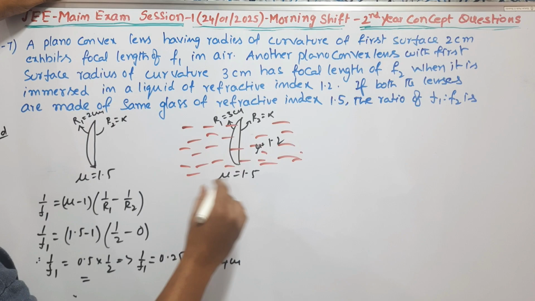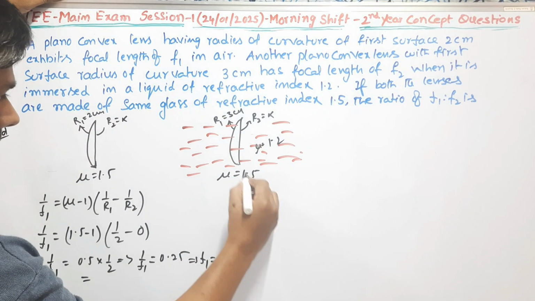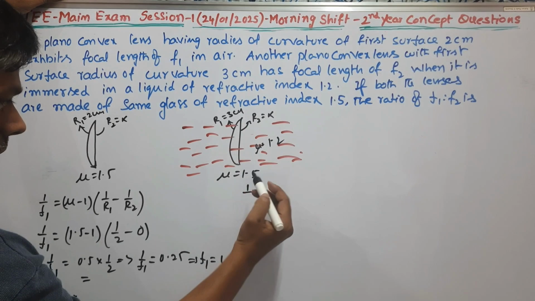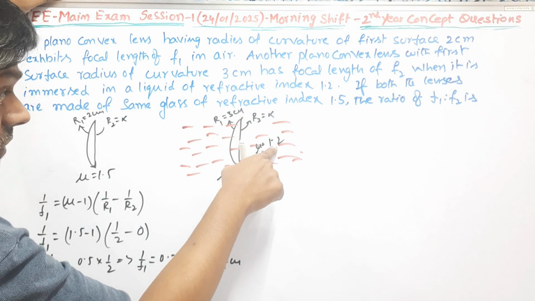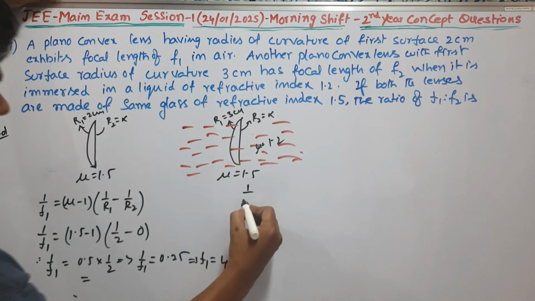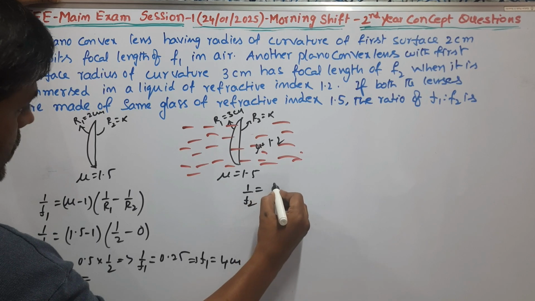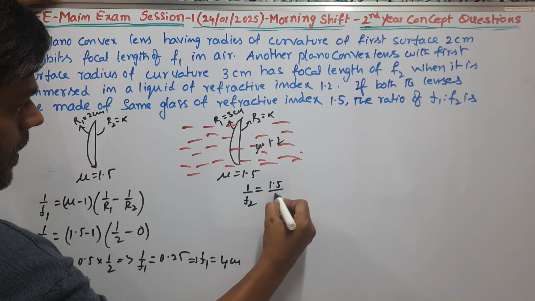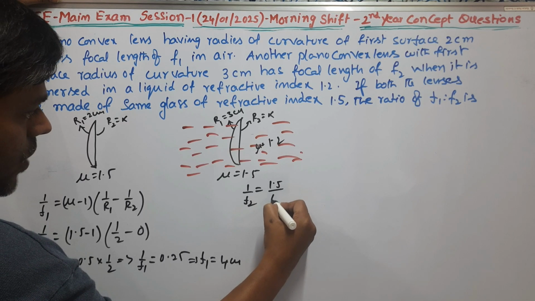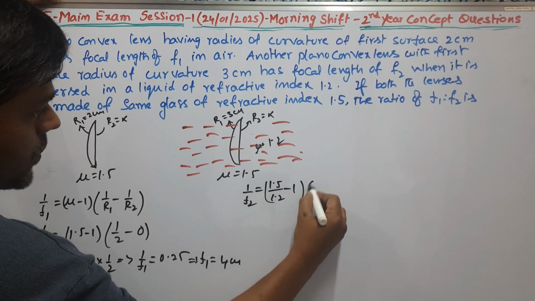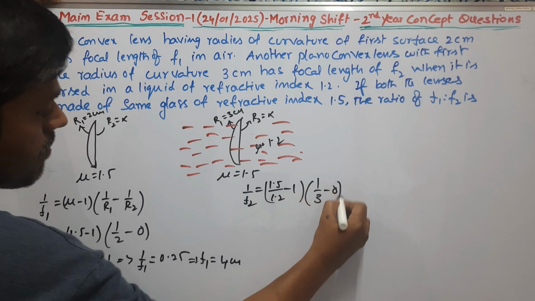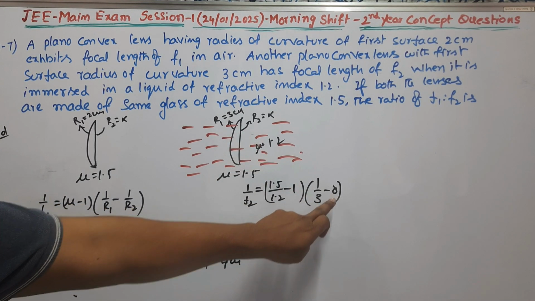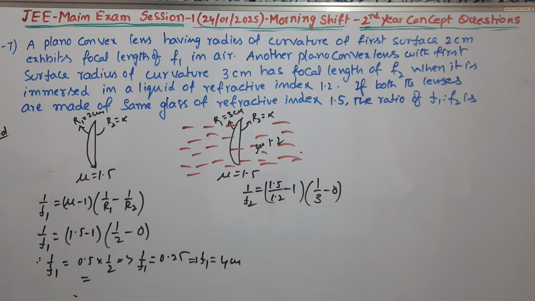Next, this is the second lens of the same refractive index 1.5, kept inside water of refractive index 1.2. So its focal length: 1 by f2 is equal to 1.5 by 1.2 minus 1 into 1 by 3 minus 0. Why? Because r1 is equal to 3 and r2 is equal to 0.